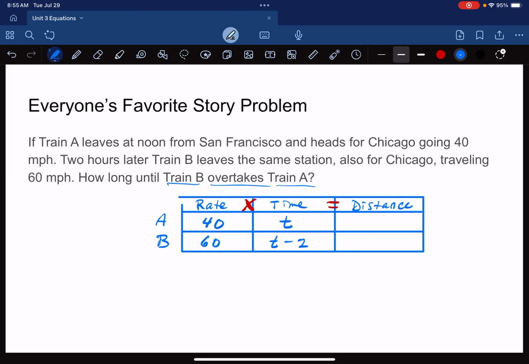So the way I get this column is I just multiply like it says up here. I'm going to take 40 times T, and that gives me 40T. And then I'm going to take 60 times T minus 2. What I want to know is when this distance is equal to this distance.